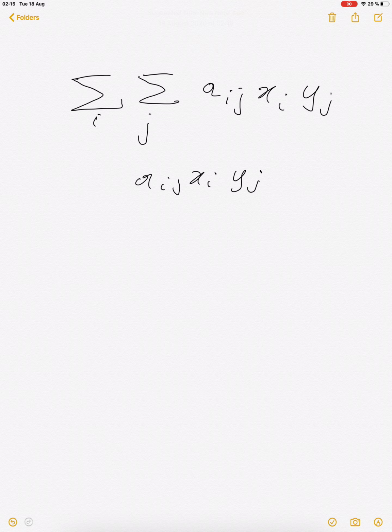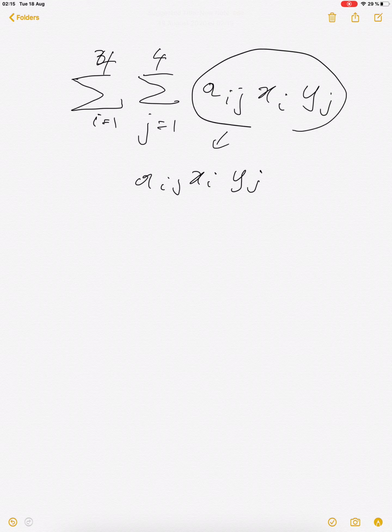So you can see that the sum here goes from i equals 1 to i equals 3 probably, or 4 if you prefer, okay. And j equals 1 to j equals 4. And what we've done is we've taken this part here, moved it down, and this becomes our whole expression.